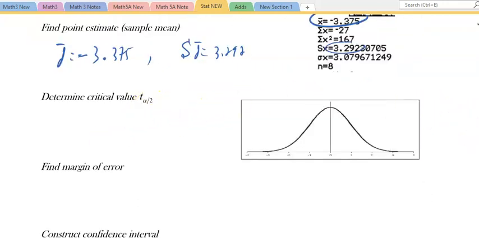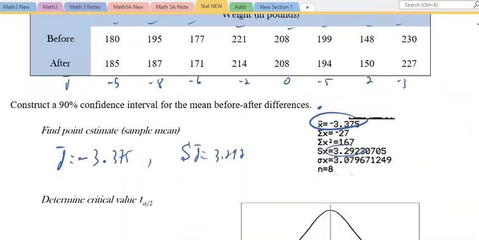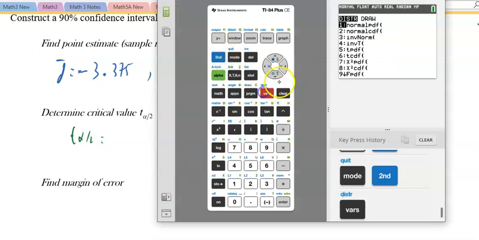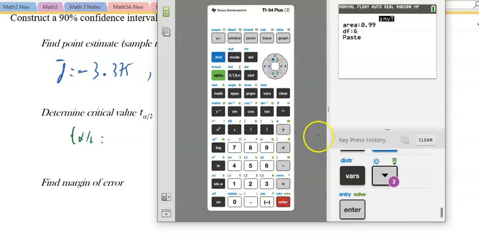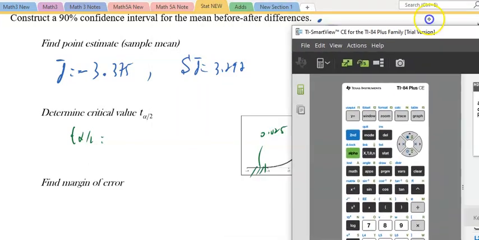Determine T sub alpha over 2, and if I look at alpha, did they give us that? They didn't, so we're going to make it 5%. Always two-tailed for those. So this is 0.025. I could say T sub alpha over 2 is going to be, and I'm going to go for the inverse T distribution. The area, let's say the area to the left is 0.025. Degrees of freedom, we just measured it.